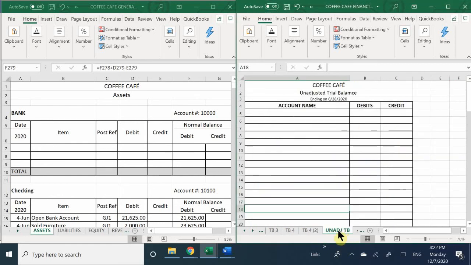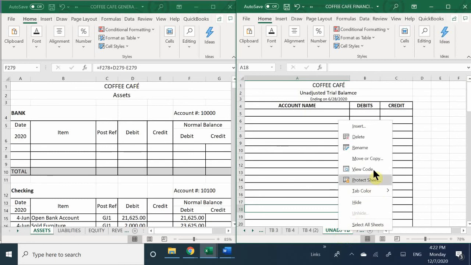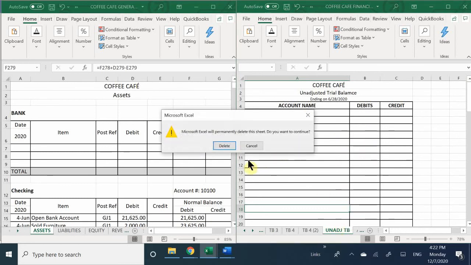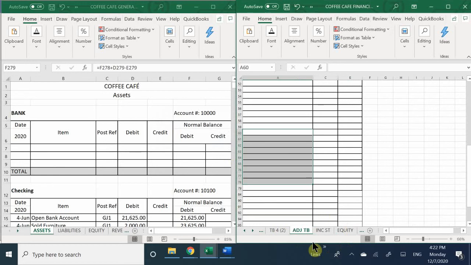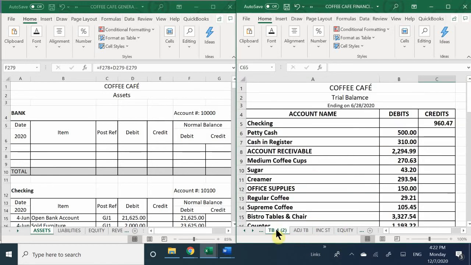Sorry, my stuff's taking a minute to get up here. No worries. I'm still completing mine. So again, this is going to be unadjusted TB. Gotta change the date here to the 30th.